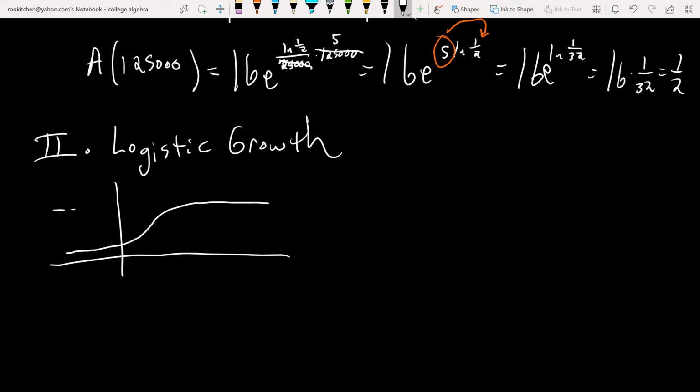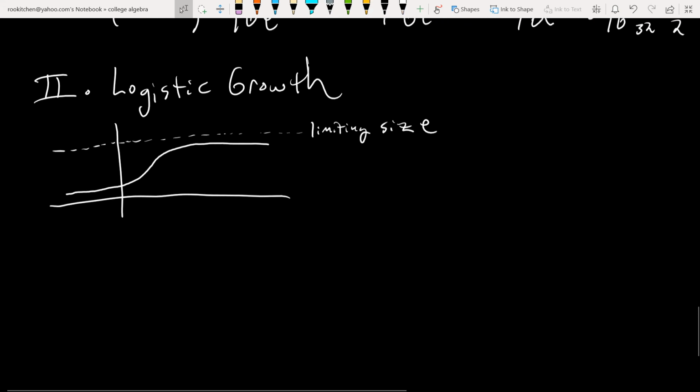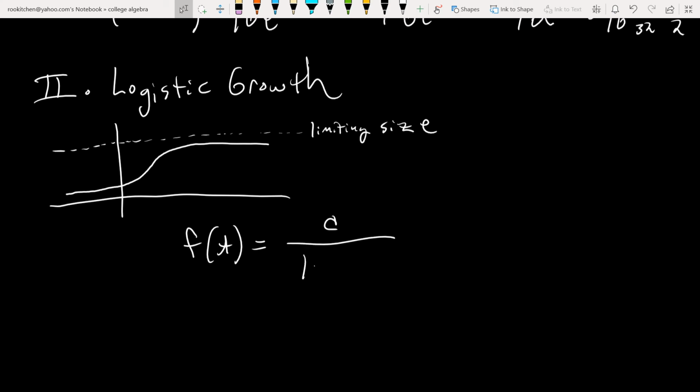Okay, so you'll get what's called a sigmoid curve that looks like an S. All right, and then there's this limiting capacity up here, or limiting size, that the population will never exceed. Okay, so it's more realistic. Unfortunately, the formula is a little nastier. I won't expect you to have this memorized. 1 plus Ae to the negative Bt.